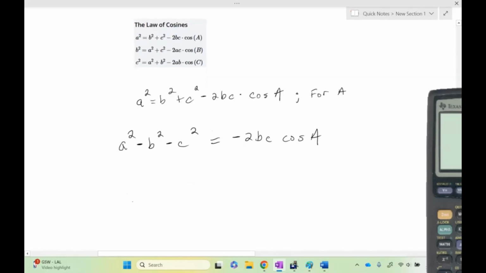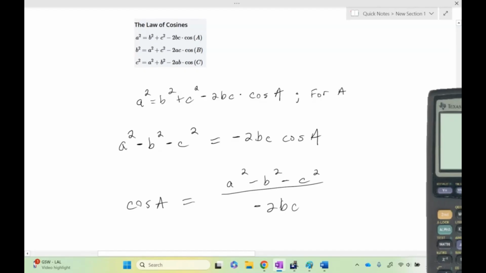So it looks something like this. I'm going to flip it around. So cosine A is equal to a squared minus b squared minus c squared over negative 2bc.